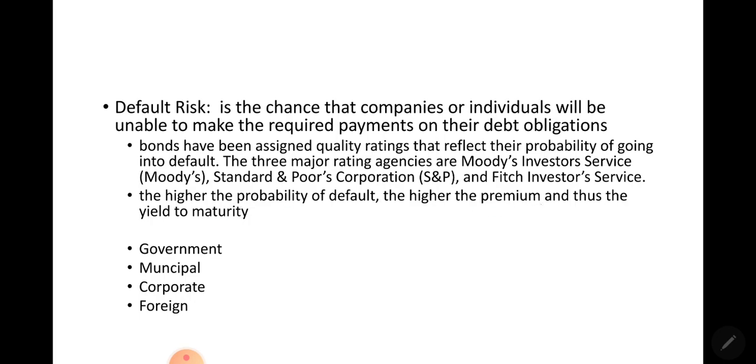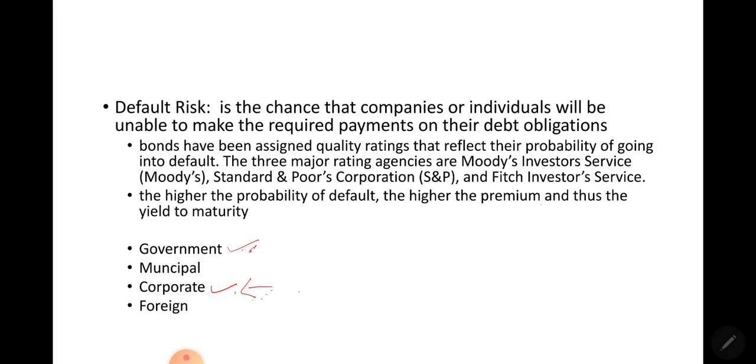So if you compare two bonds, one is a government bond and the other is a corporation bond, which one will have the higher interest rate? The answer is the corporate bond will have the higher interest rate. Reason being, the corporate bond has a higher chance of default compared to the government bond. Because the government bond is a safer security, the interest rate over here will be low.